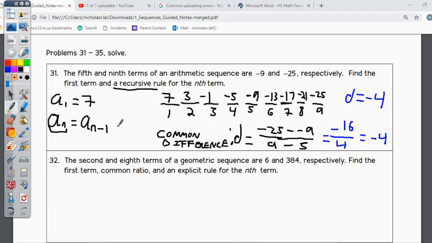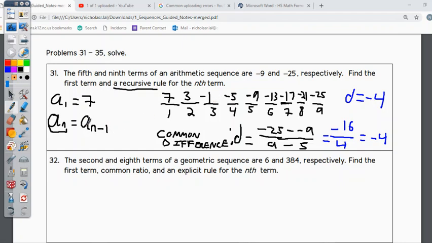If D is -4, each term would be equal to the previous term plus or minus what? What would that be? So, remember, the second term is 4 less than the first term. The third term is 4 less than the second term. The fourth term is 4 less than the third term.